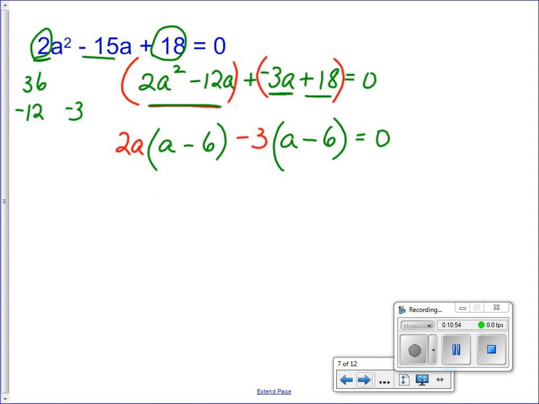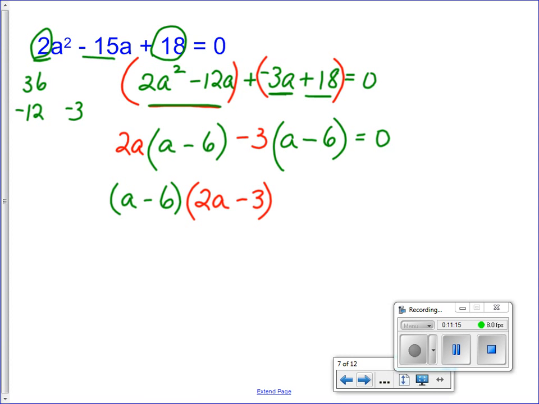All right, so now I'm ready to write my two factors. The first one is in green. It's the same in both sets of parentheses, and so I'm going to factor that out, a minus 6. My second factor is what is in red, the 2a minus 3.